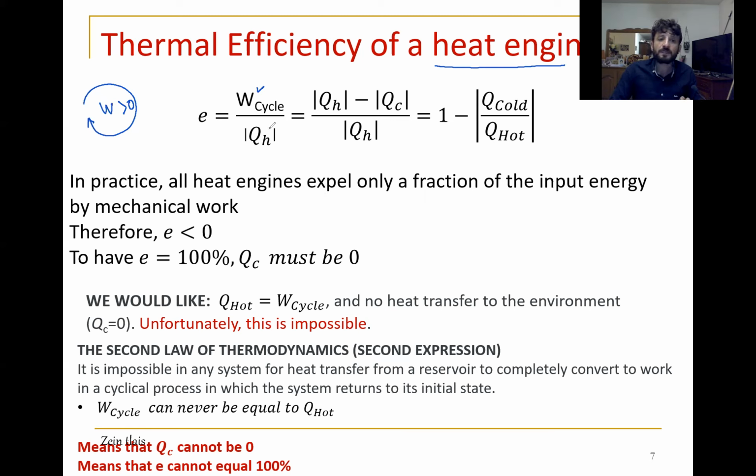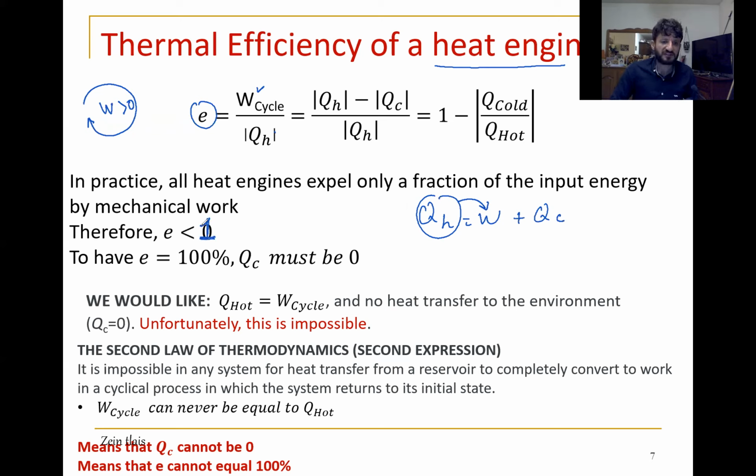Q hot equals omega plus Q cold. So in this case, Q hot is bigger than omega, and E must be less than 1.